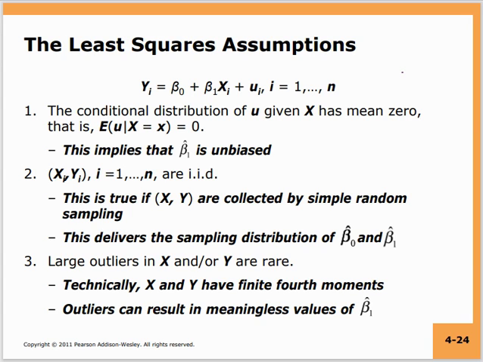Next, we assume that xi and yi are IID, or independently and identically distributed. What this basically means is that the first observation and the second observation are independent of each other. Which one you choose is independent, and they also come from the same population, and hence they are identically distributed.